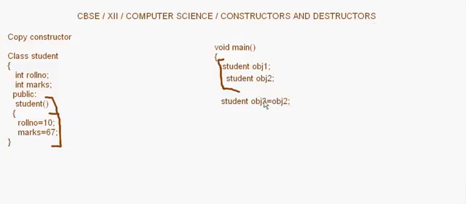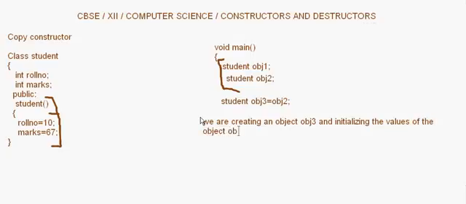Now this statement here, what we are doing is we are creating an object obj3 and initializing the values of the object obj3 with the values which are there in the object obj2, right?